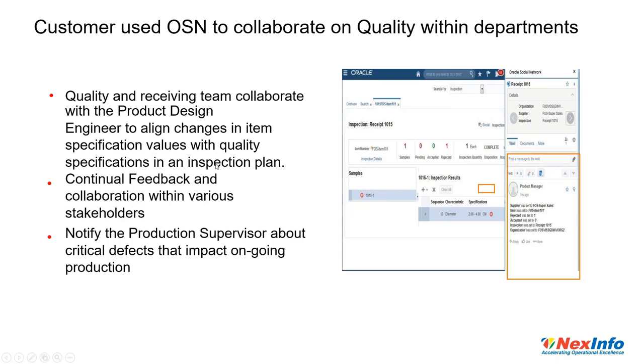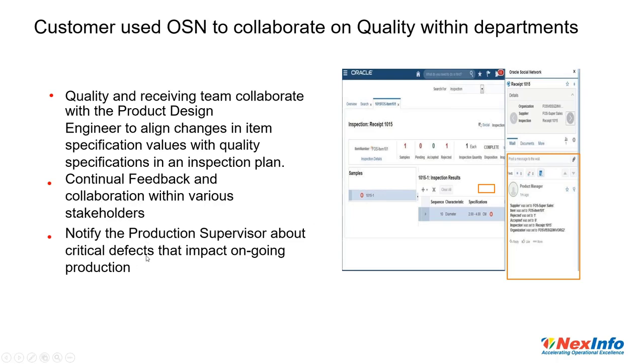So the quality team could get immediate feedback from the receiving team, and the quality team can in turn provide feedback on the fly to the product design team, as all of them were part of this conversation. So there was always continual feedback and collaboration within various stakeholders.